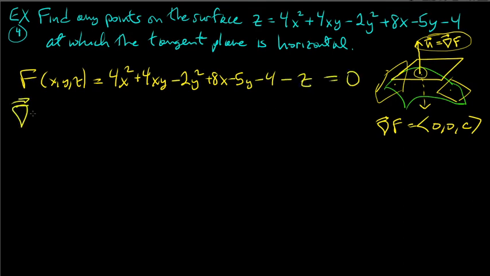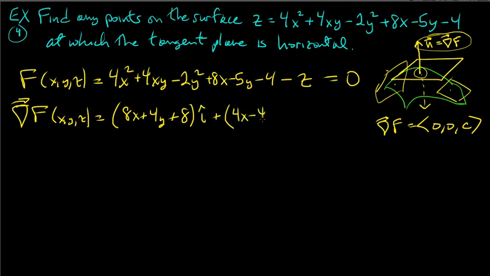So now you can take the gradient, and I'll use i, j, and k this time. The i component, or x component, will be 8x plus 4y plus 8, times i. The j component, or the y component, will be 4x minus 4y minus 5.